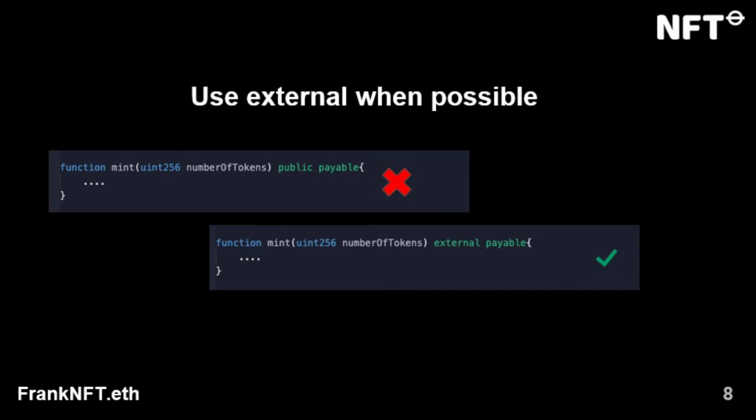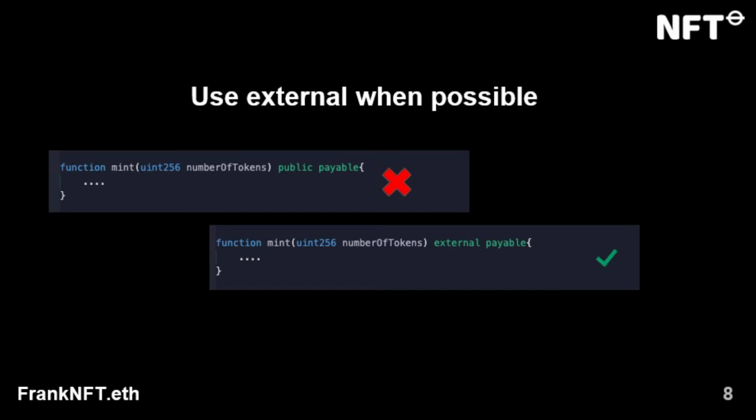Use external when possible. I do a lot of audits on contracts, and it's something developers used to forget a lot. We have external and we have public. External means anybody outside the contract can use it, but the contract itself can't use it. I can't call it from the contract itself or from contracts that are extending it.